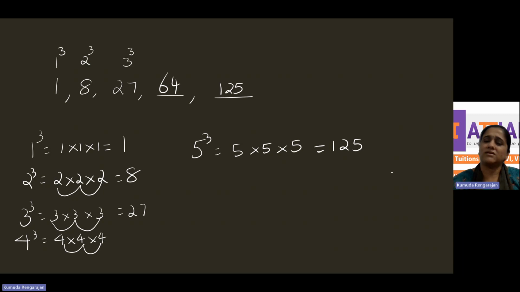One second. See here, patterns are different. For different patterns, we use different rules. You cannot use the same rule for every other pattern. Now, in this pattern, the numbers are generated by cubing the natural numbers.